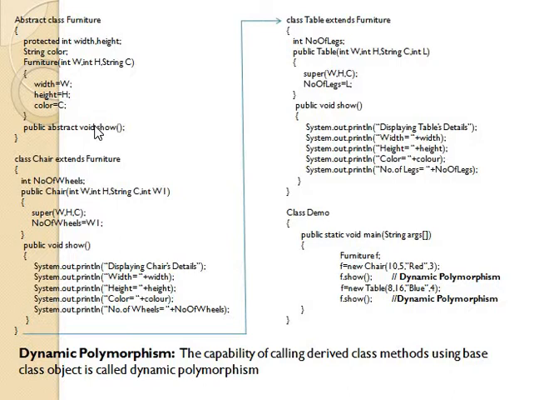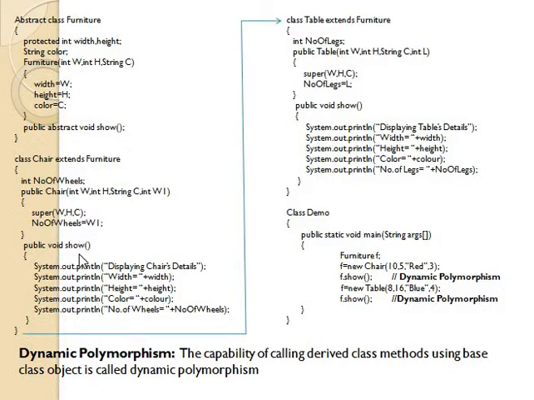This method show is abstract because it has been specified by the keyword abstract, and as abstract methods do not contain any body, this method simply ends with a semicolon.